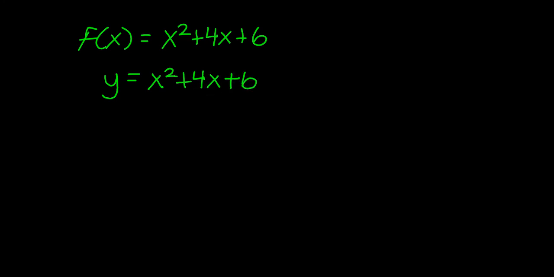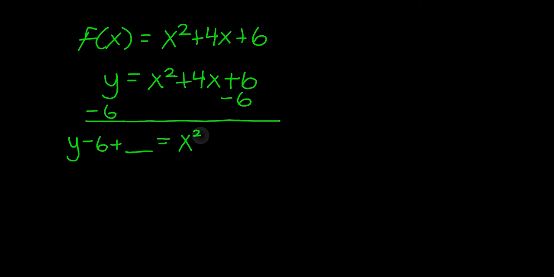And now we're going to start completing the square. So if you recall, the first step of completing the square is to clear away the c term. So I'm going to subtract 6 on both sides here. And I'm going to get y minus 6 plus blank equals x to the second power plus 4x plus blank.